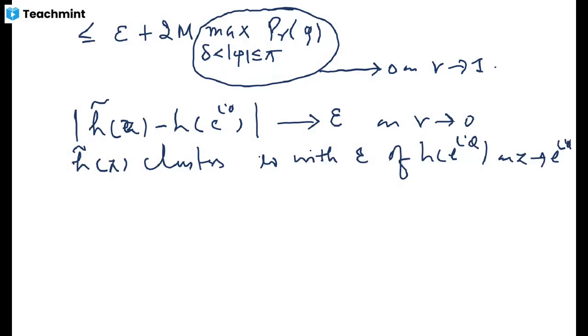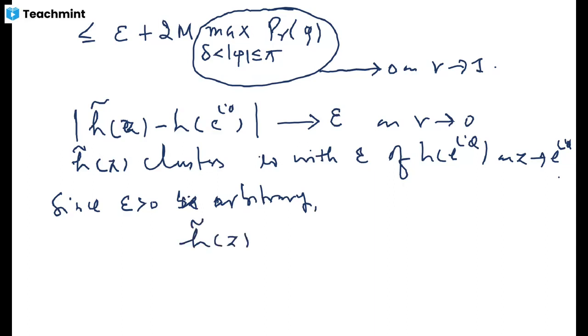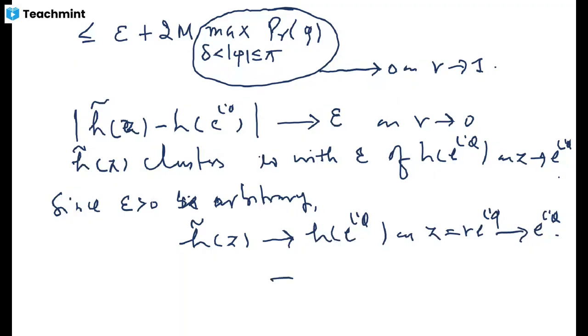Since epsilon was arbitrary, it must be true that h tilde of z tends to h(e^{i theta}) as z, which is r e^{i theta}, tends to e^{i theta}. You have this established. Now this is true for every e^{i theta}.